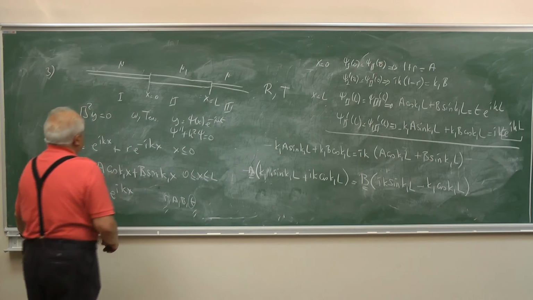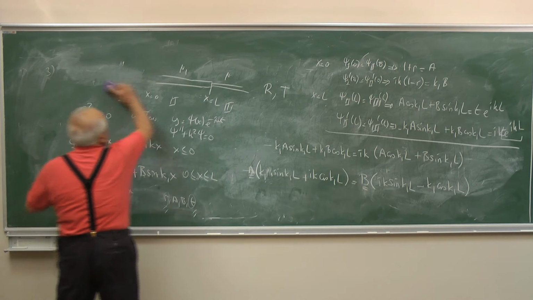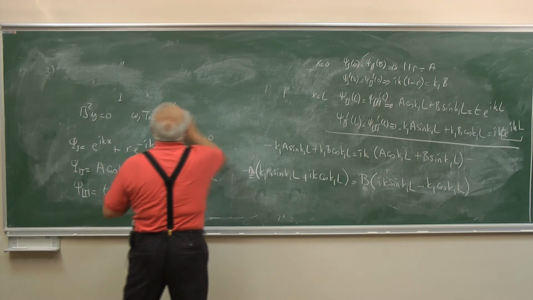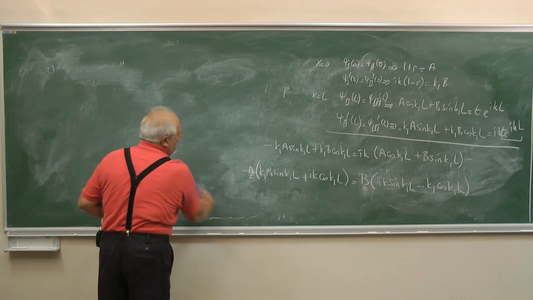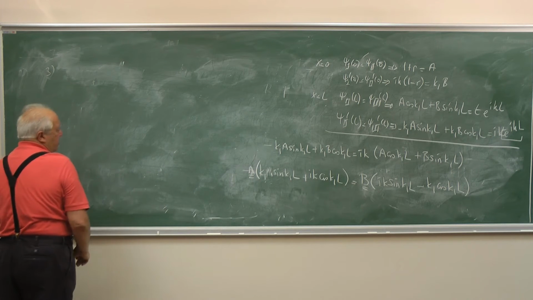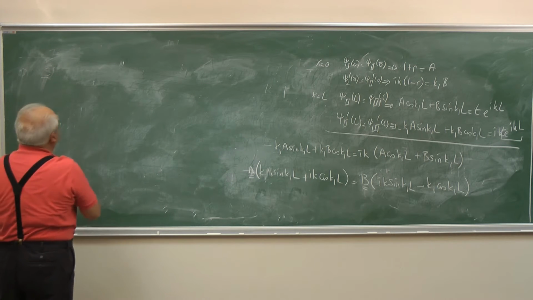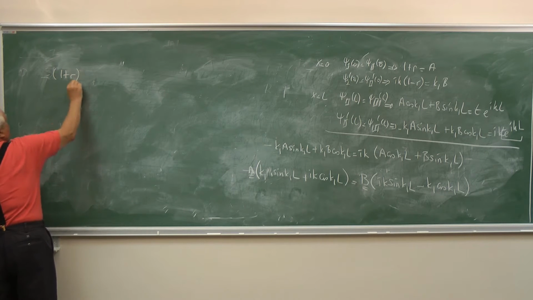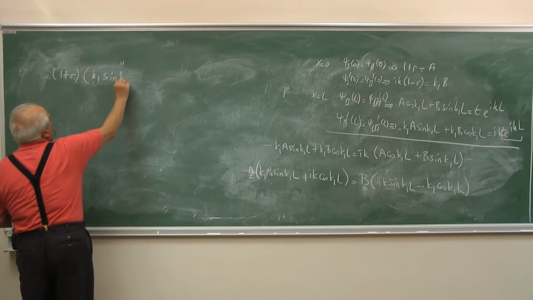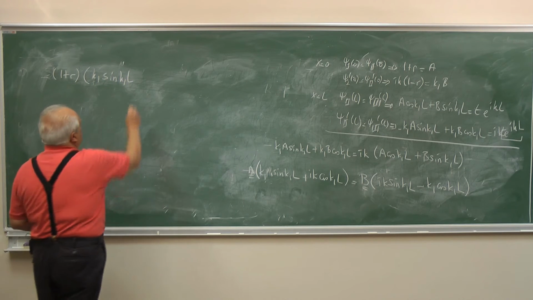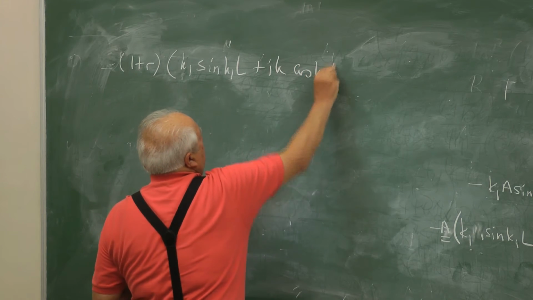Let me erase these. We don't need them anymore. We don't need the figure even. We can draw it later if you wish. Minus, instead of a, we write 1 plus r, 1 plus r, times k1 sine k1L plus ik cosine k1L.